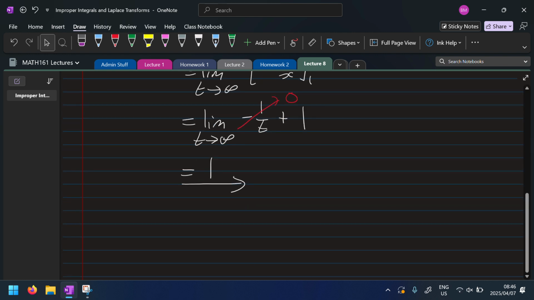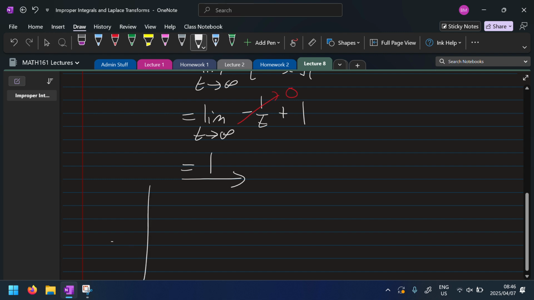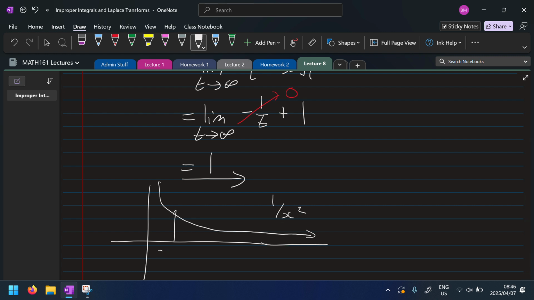Okay, so if we had to draw a picture of this, it will be something like this. Here we have 1 over x squared from x equals 1 to infinity. So that full area, even though the x part is infinite, the area is still 1. It's very weird, but we'll see this quite a few times.